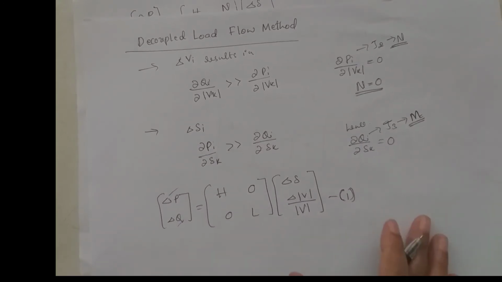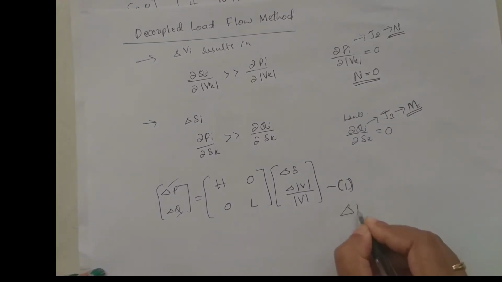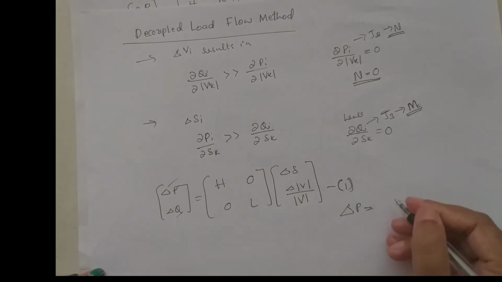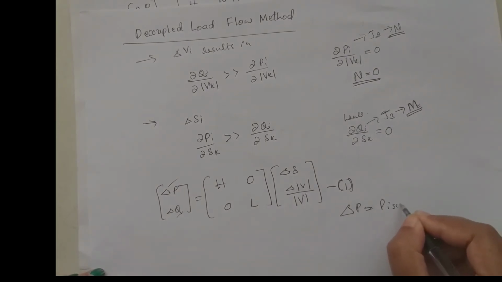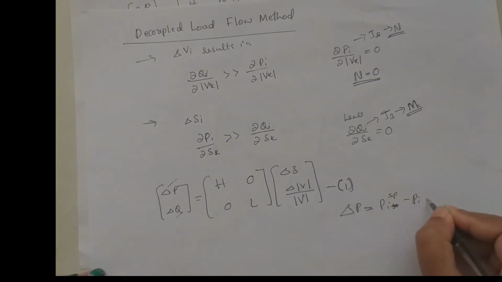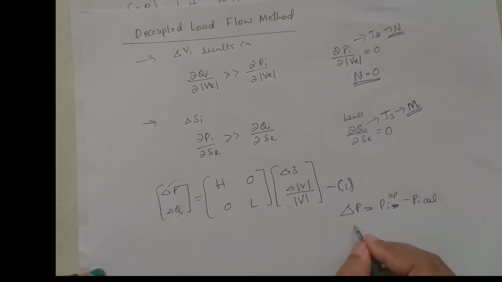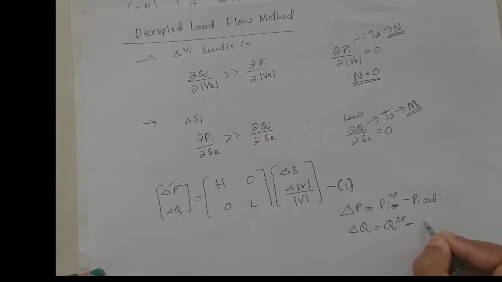Already we have seen in the NR method, delta P is equal to Pi specified minus Pi calculated, and delta Q is equal to Qi specified or scheduled minus Qi calculated.